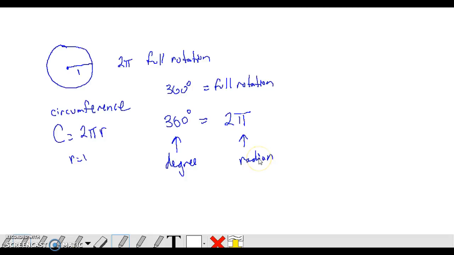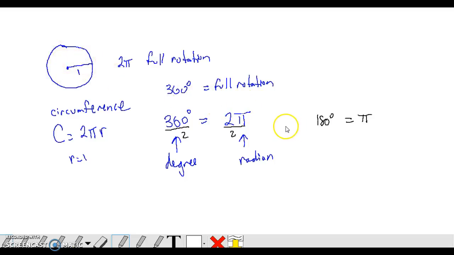So radians is usually dealing with pi. Okay, what happens if I decide to divide everything by 2? What's half of a circle? So I know that half of 360 is 180 degrees. Half of 2 pi is pi. So I know that every 180 is a pi. So again, from here to here is a pi.